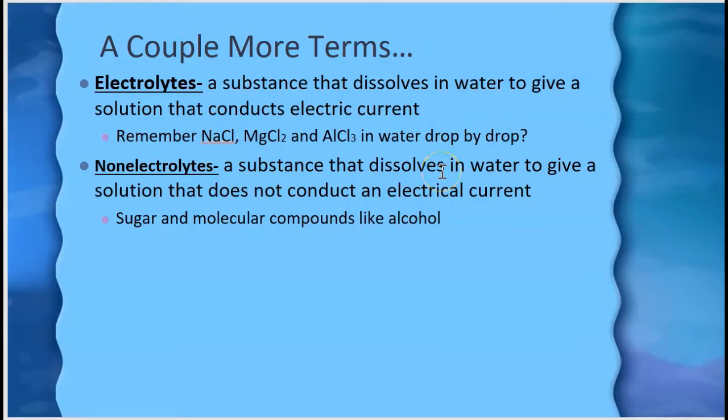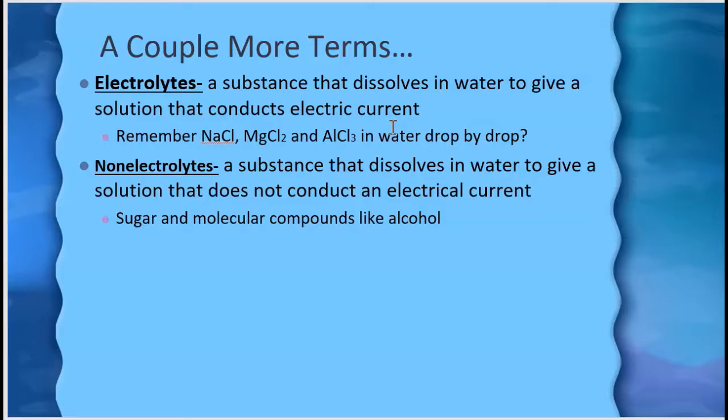So if you remember from first semester, we did an experiment where we dripped solutions of sodium chloride, magnesium chloride, and aluminum chloride, and we got 3 lines as we saw the conductivity increase drop by drop. Those were electrolyte solutions. Your body needs electrolytes because your body uses ions to conduct electrical impulses down your nerves.